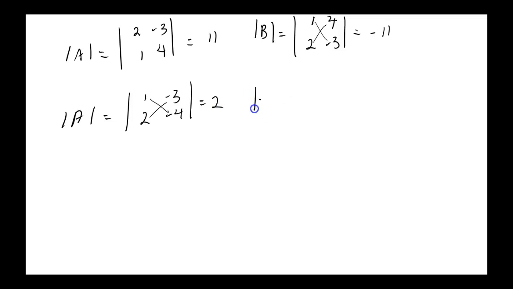Now let's do the B here. And the B here is 1, negative 3. Top row is the same. But the bottom row is now 0, 2. How do we get 0, 2? Hint, it's an elementary row operation.